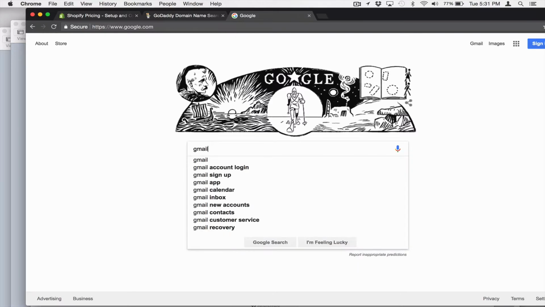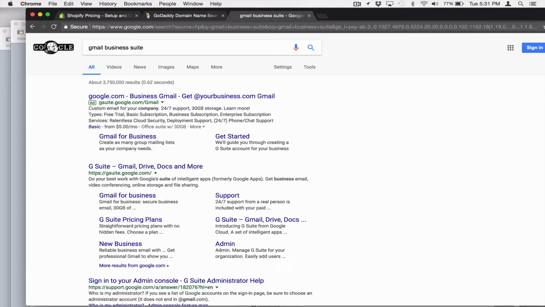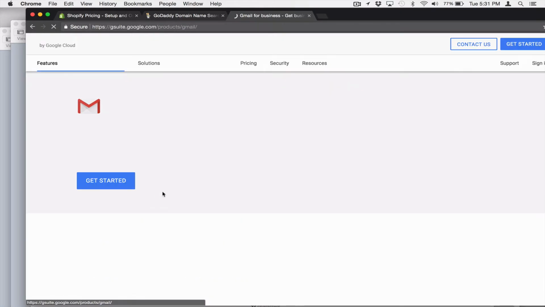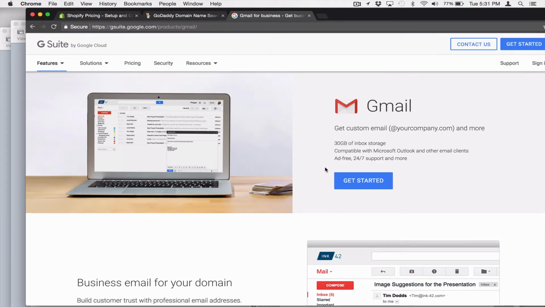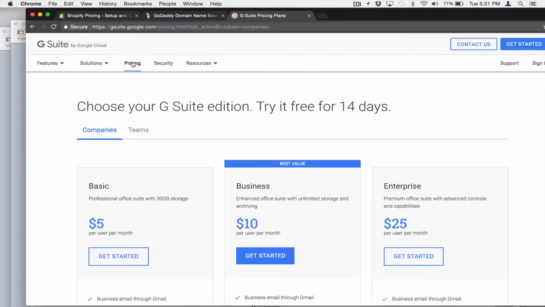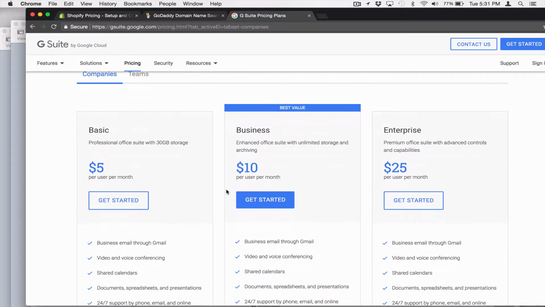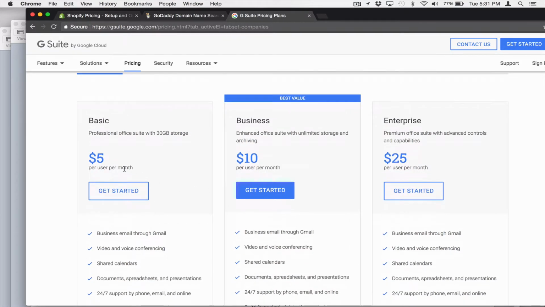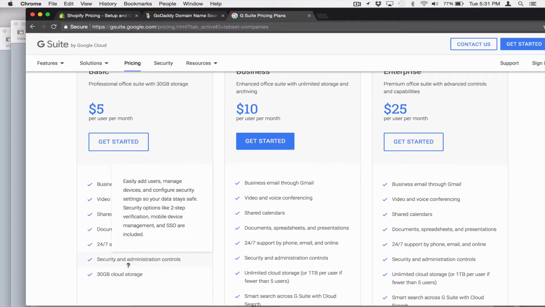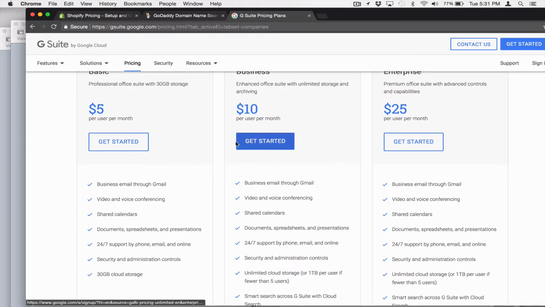So Gmail Business Suite pricing. Yeah, I don't know why anyone wouldn't get it. It's only $5 a month. 30 gigabytes of storage is more than enough. And these are kind of everything that's included. The way you use it is just like Gmail if you have a Gmail account.